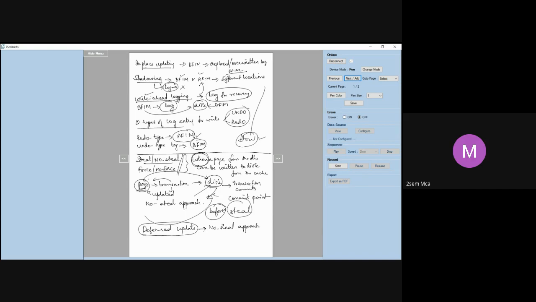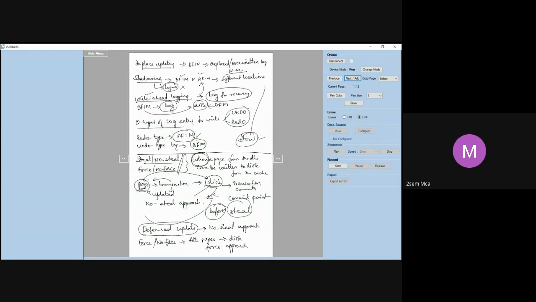Next we saw force and no force. Force, no force means what? Not necessarily one page will be updated; there will be many updates by a particular transaction. If all the pages that are updated by the transaction are written immediately to the disk when the transaction commits, then you call it a force approach.